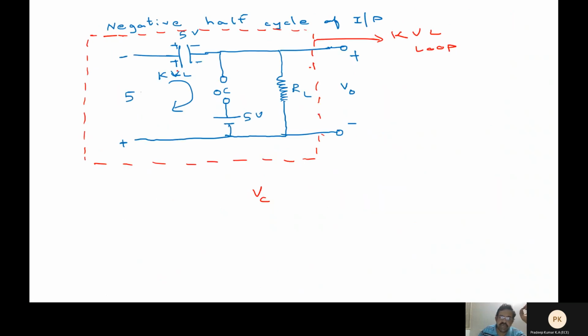So it is going from positive to negative, so it will be minus VC. Then this is the output voltage drop, minus V0. Then this is positive to negative, again a voltage drop, minus 5, equal to 0. So V0 will be equal to minus VC minus 5. With VC being 5 volt, that is minus 10 volt.